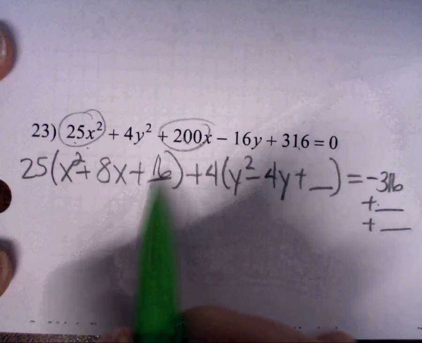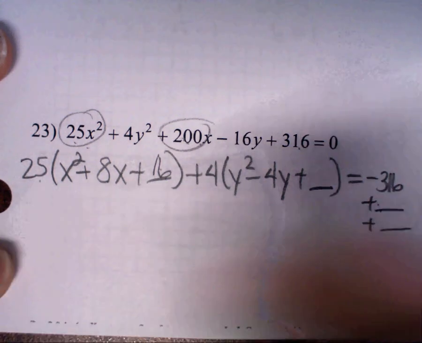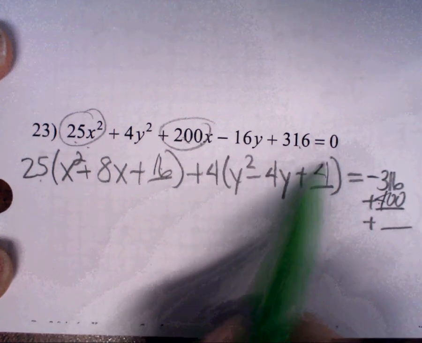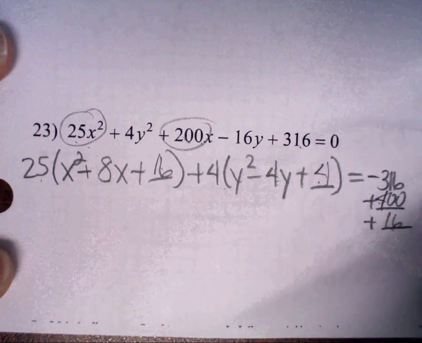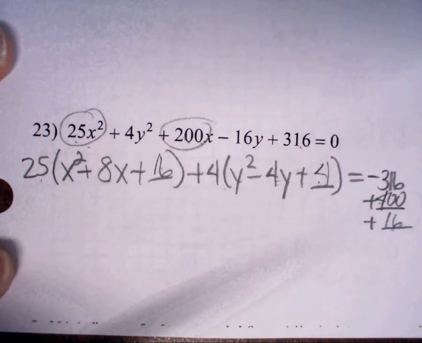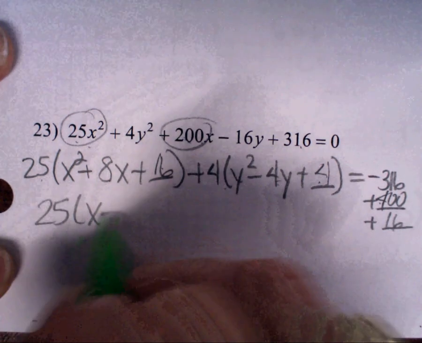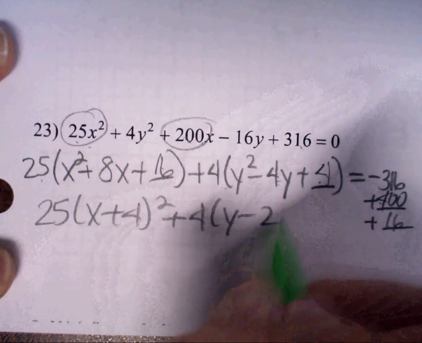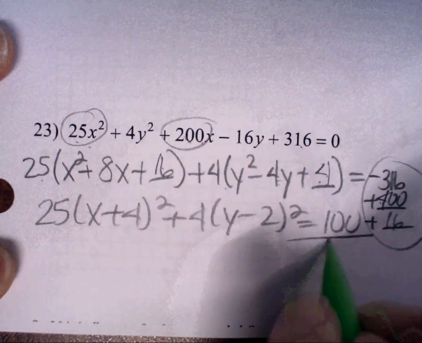So 8 divided by 2 squared is 16, but I don't put 16 over here, I put 16 times 25, which is 400. Then I put a 4 here, that'll complete it. 4 times 4 is 16, that'll get put right here. Then I rewrite this: 25 times (x plus 4) squared plus 4 times (y minus 2) squared equals 100 when you combine all these together.